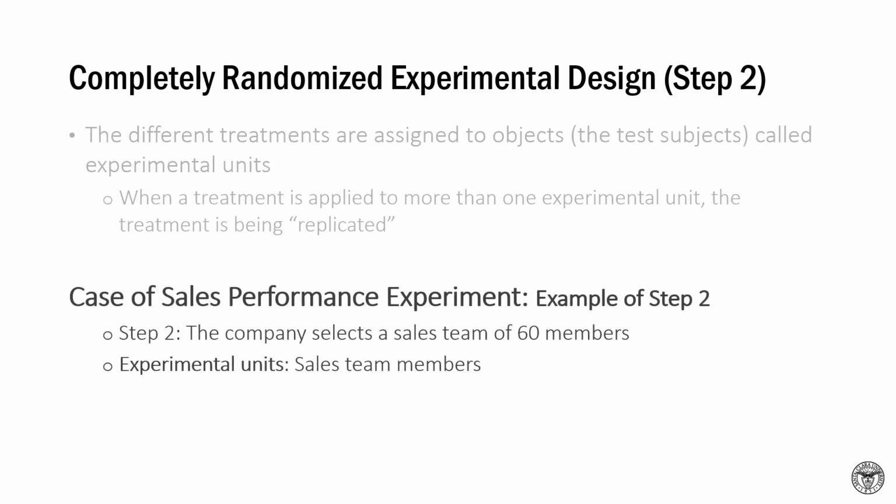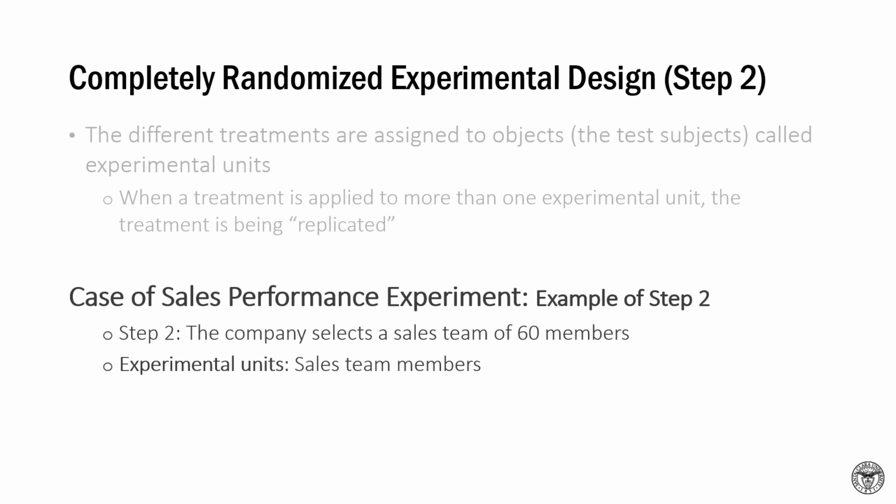For example, in a clinical trial to test the efficacy of a new drug, the experimental unit would be the human subjects who are receiving the treatment or a placebo. In the sales performance experiment, the experimental units are the sales team's members.